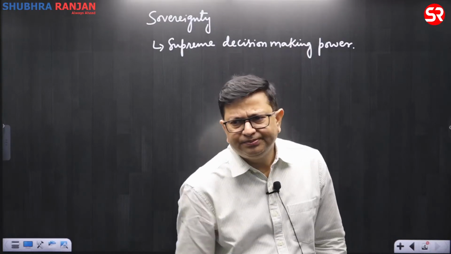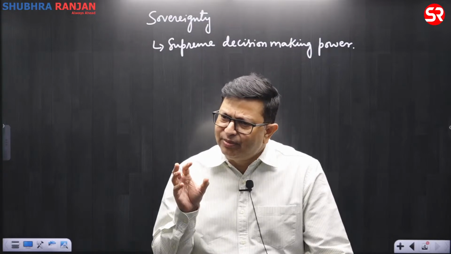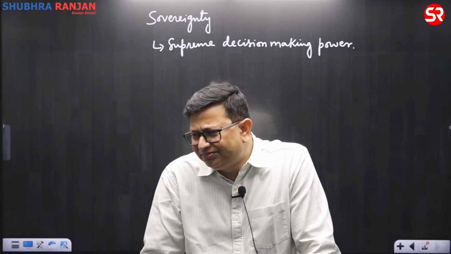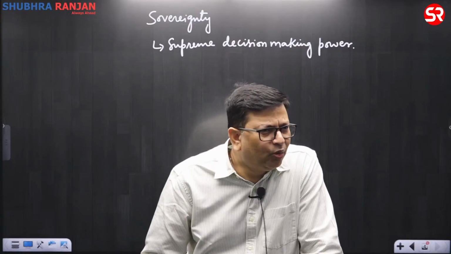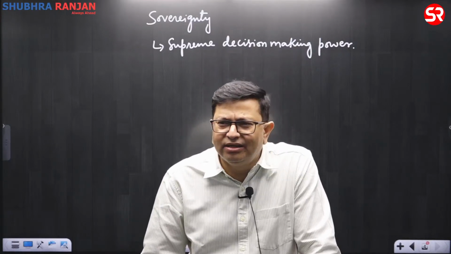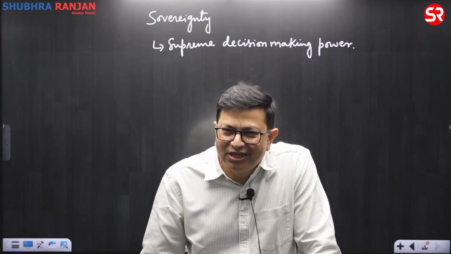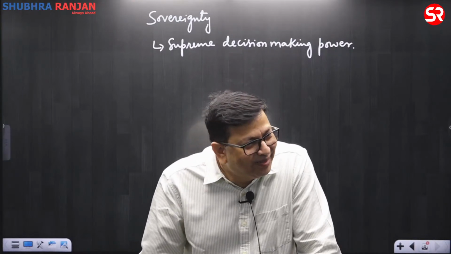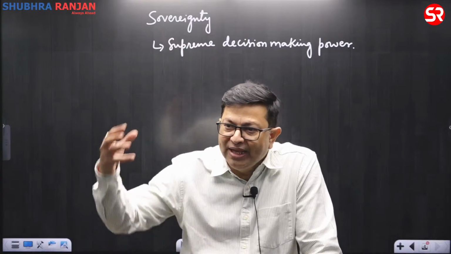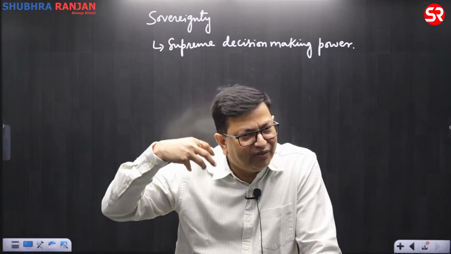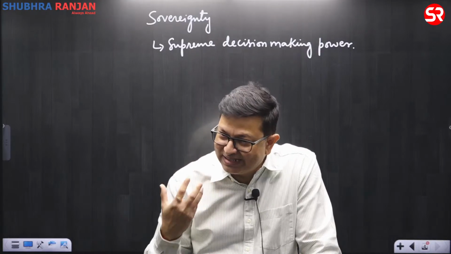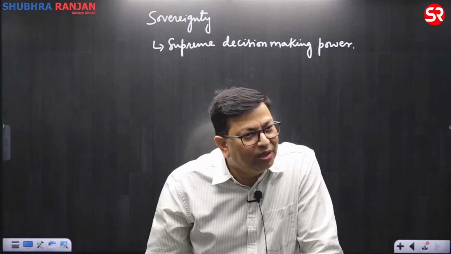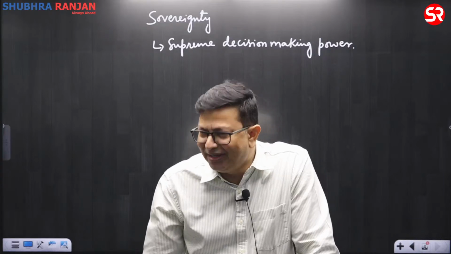First of all, what type of clothes we will be wearing, we can decide. Then what type of food we will be having, we can decide. To whom we will be talking to, we can decide. So, we are sovereign over ourselves. It is said, over his mind, body and soul, an individual is free.